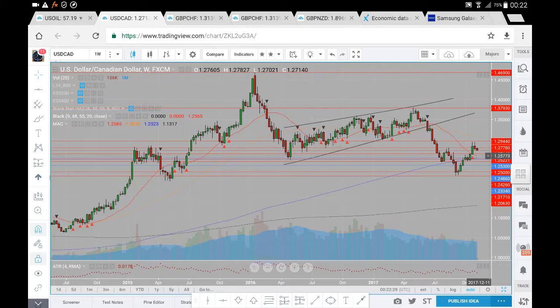Part of the strength of the Canadian dollar is likely the breakout that we see on oil. Oil has broken out and does appear to be heading towards $60 a barrel. So that would affect the Canadian dollar positively, despite their central banker, I think it's Poloz, being somewhat cautious in indicating further rate hikes in regards to the Canadian economy.